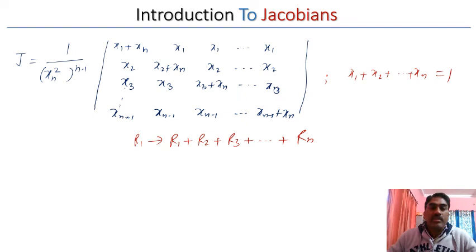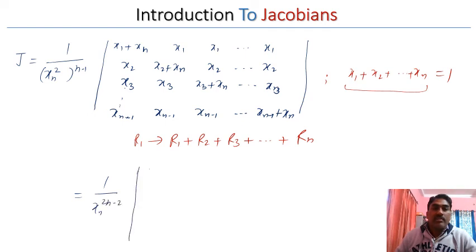So each element of the first row will become this sum, and means 1. So we will get 1 by xn to the power 2n minus 2, and the determinant is 1 1 1. This is n minus 1 by n minus 1, so keep it remembered.